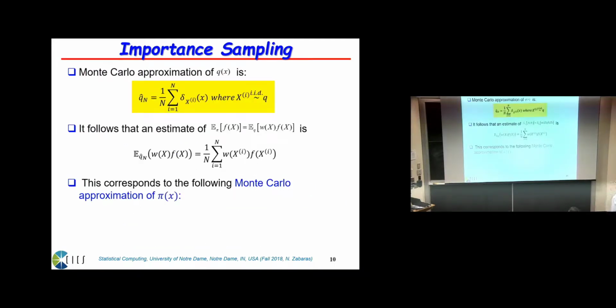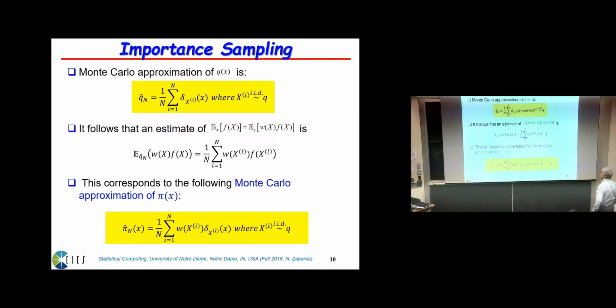This is the Monte Carlo approximation of q. Our notation has to be rigorous here. The samples xi are from q, and the weights in the approximation of q look like that. On the bottom, you see the Monte Carlo approximation of pi of x, where the samples come from the distribution q, not from pi.